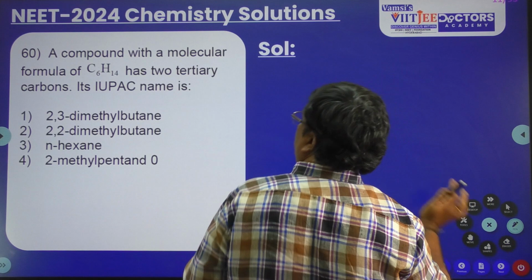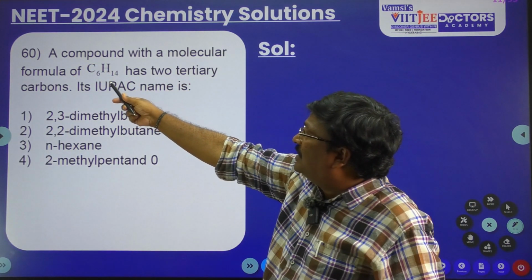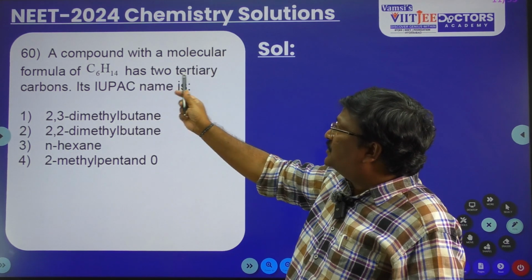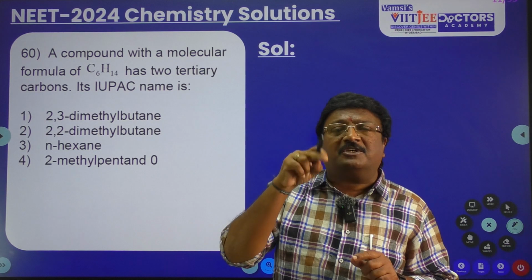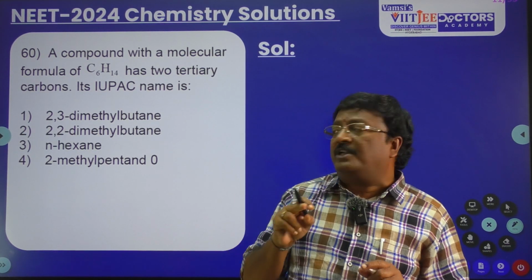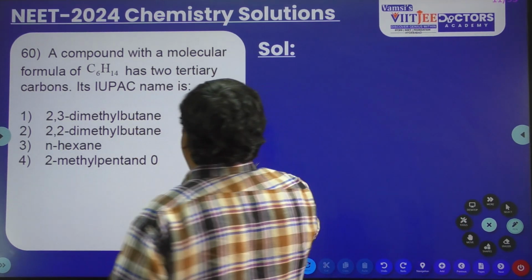And coming to the next question: a compound with molecular formula C6H14 has two tertiary carbon atoms. A tertiary carbon atom means the carbon must be surrounded by 3 carbon atoms. What is its IUPAC name?